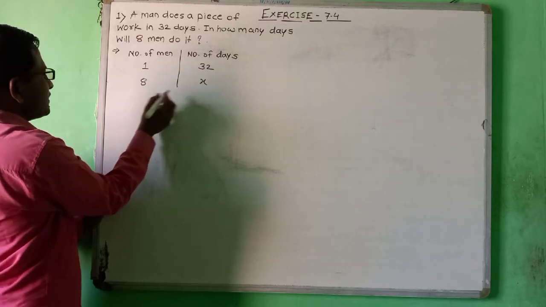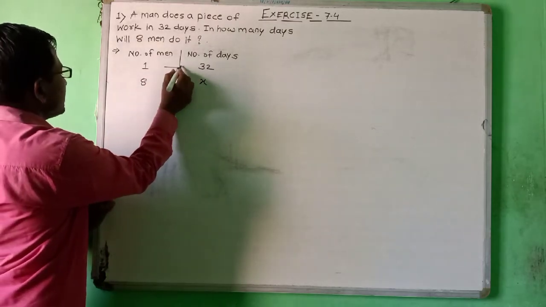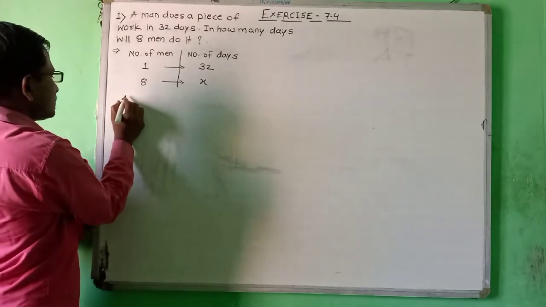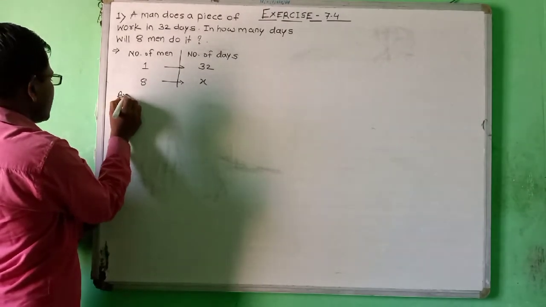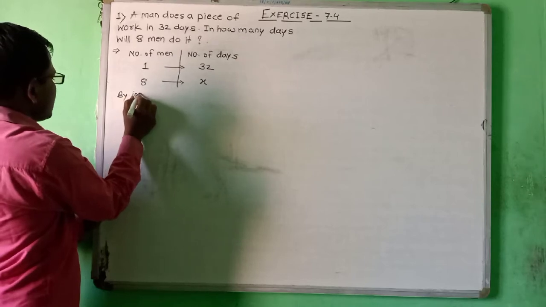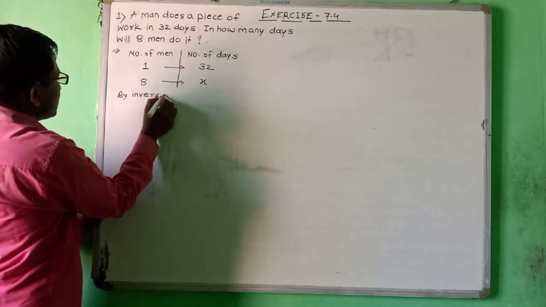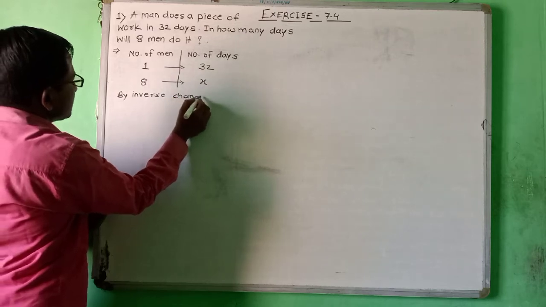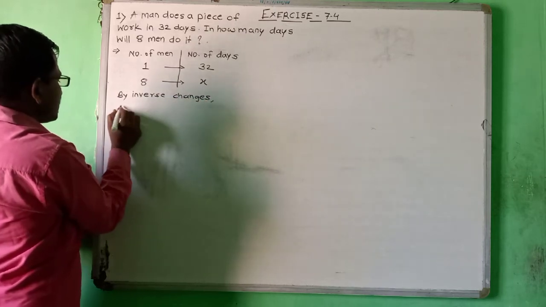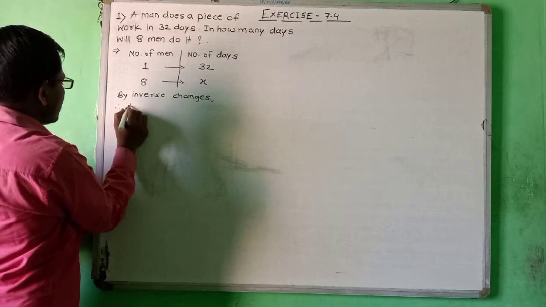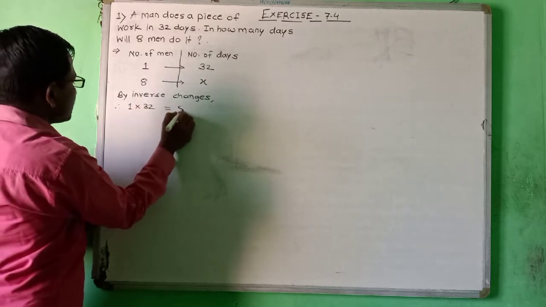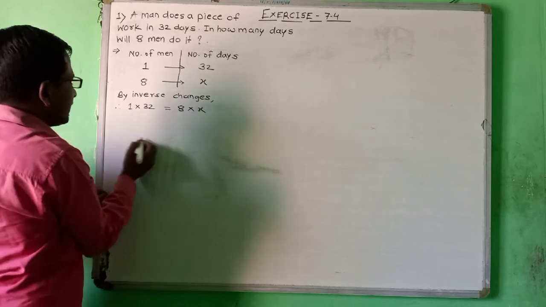So how do we solve this? Do the multiplication in front, by inverse changes. So therefore 1 multiplied by 32 is equal to 8 multiplied by x.